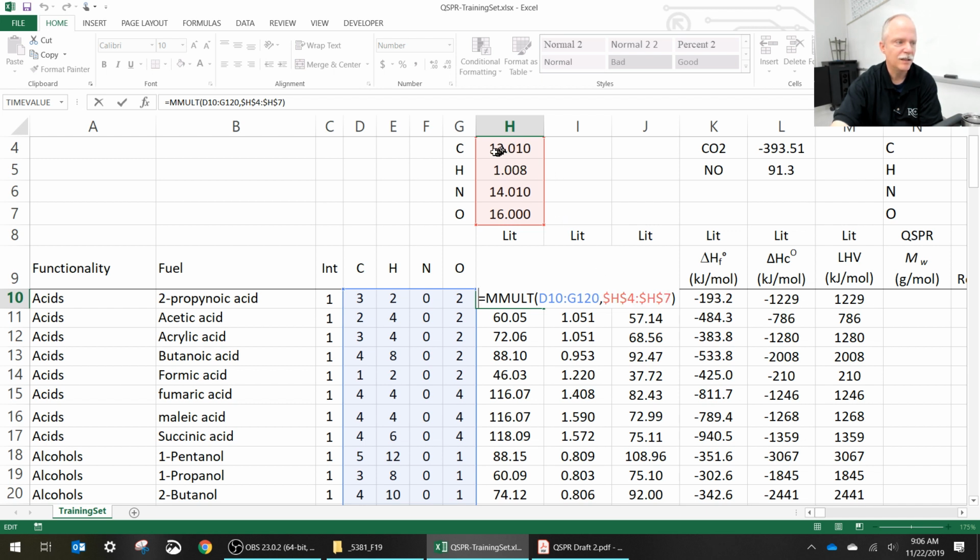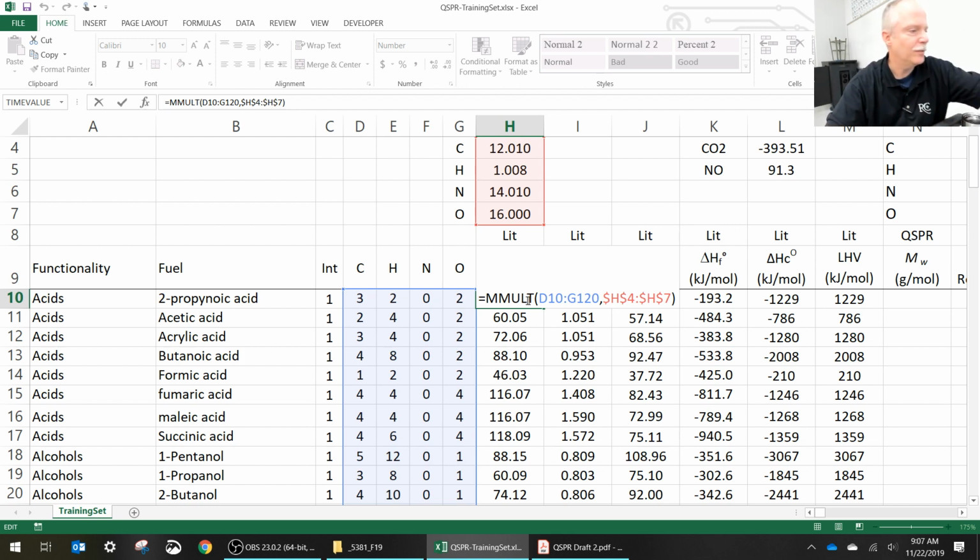This is the molar mass of carbon, the molar mass of hydrogen, nitrogen, and oxygen. Does everybody see now, if I have 3 carbons, 2 hydrogens, and 2 oxygens, those are going to be multiplied by their respective numbers and added together, and that's going to give me the molar mass.